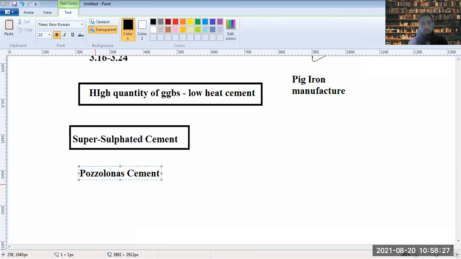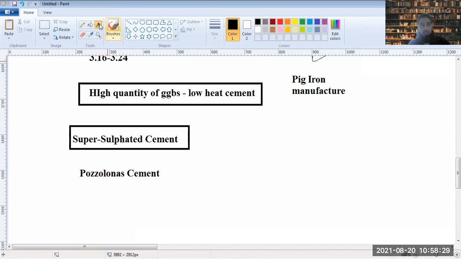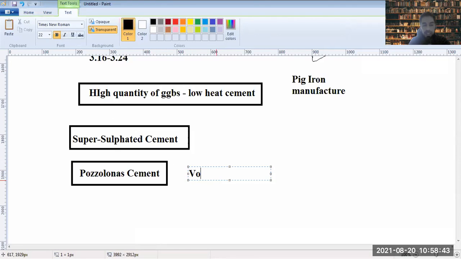Then comes the pozzolana cement. So it's the PPC that you get from the market. One is OPC, and quite widely available is PPC, Pozzolana Portland Cement. So these are the pozzolana cements. Now I've already discussed the pozzolana materials: the volcanic ash.